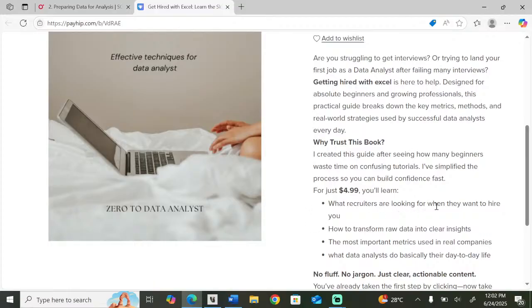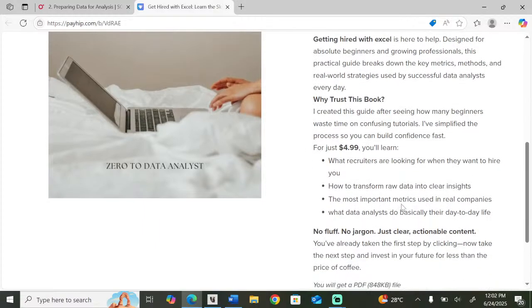What recruiters are looking for when they want to hire you. How to transform raw data into clear insights. The most important metrics used in real world companies. What data analysts do basically in their day to day life. I already shared that with you guys. So those are the things you're going to learn.